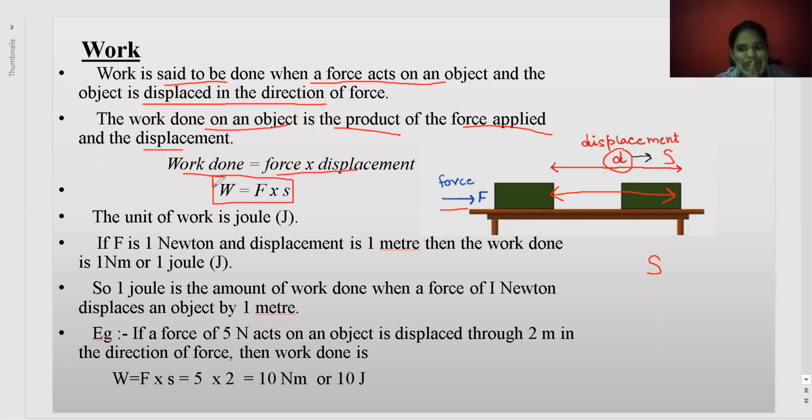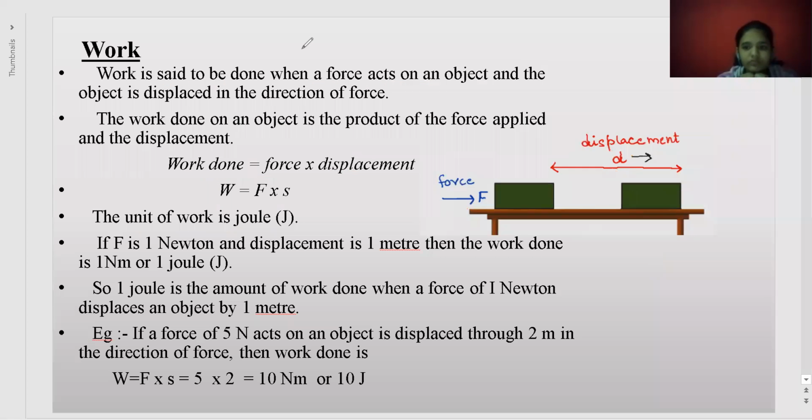Okay. Now, what is the SI unit of work? The SI unit of work is joule. And this unit has been named after a scientist whose name was James Joule.